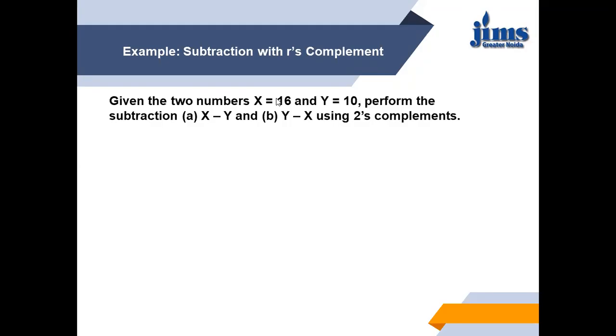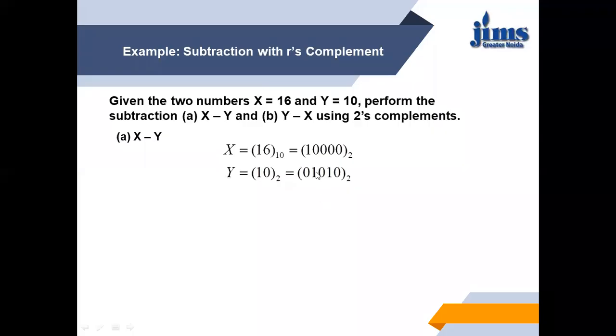Then again 1 divided by 2, it is 1. So in this manner, x comes to be 1 0 0 0 0. When you convert 10 into binary, the coefficients will be 1 0 1 0.